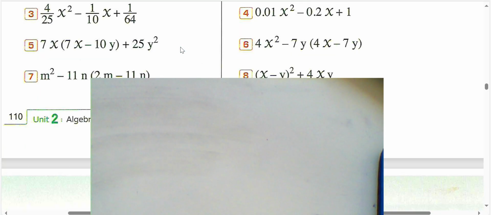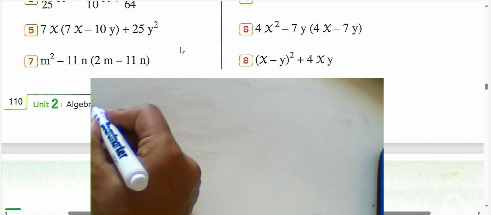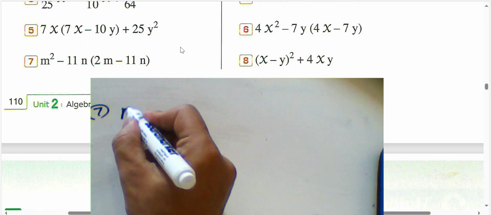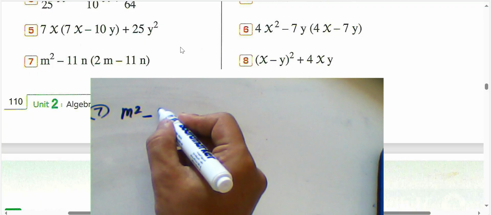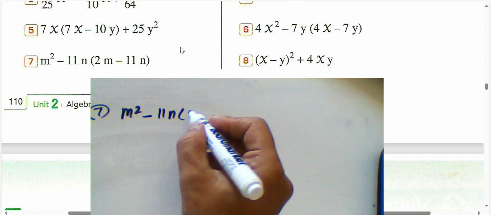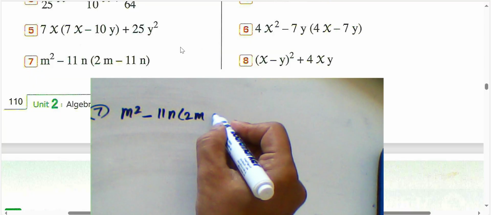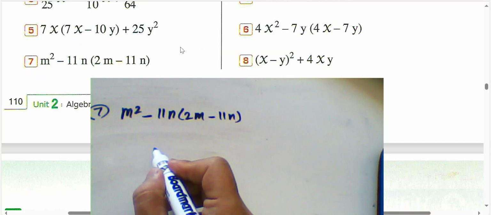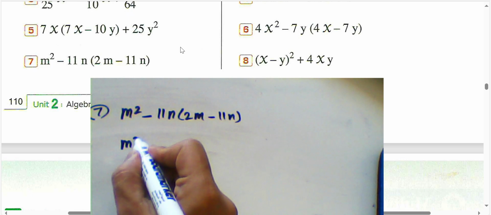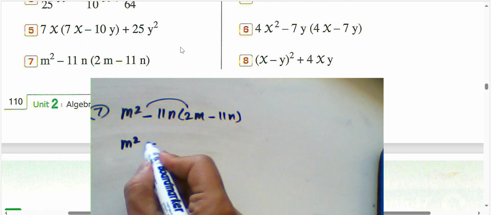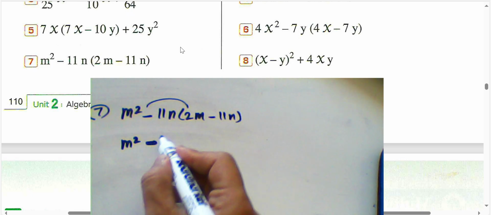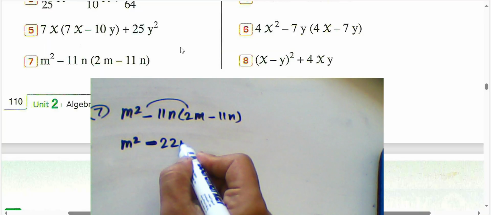Next question, number 7. (m - 11n)(2m - 11n). Then we have m^2. Negative times positive is negative. 11 times 2 equals 22mn.